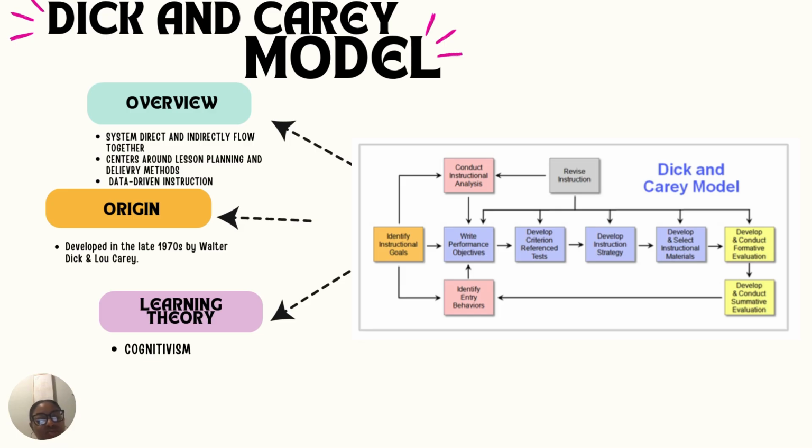The model focuses on measurable outcomes, which is great for any type of instruction. And I know I keep referencing the school system, but I am a middle school teacher. I work for a school that is a data driven instruction school, so we look at measurable outcomes. This model is rooted in the cognitivism learning theory.